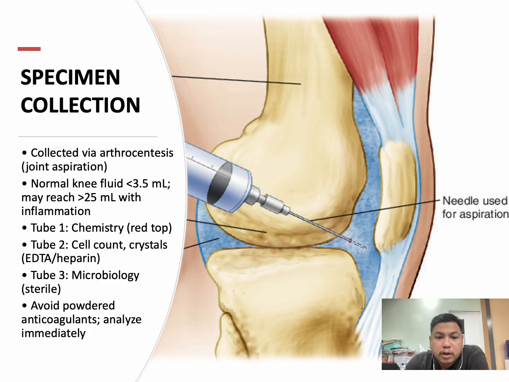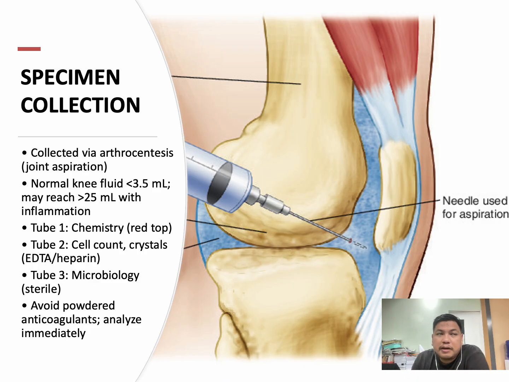Normally, our joint fluid or synovial fluid is less than 3.5 ml. Again, this is the average normal volume of our synovial fluid, particularly in the knee.